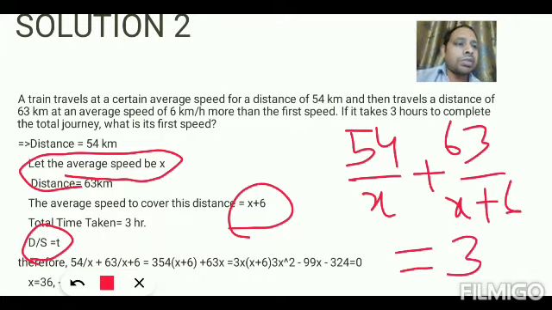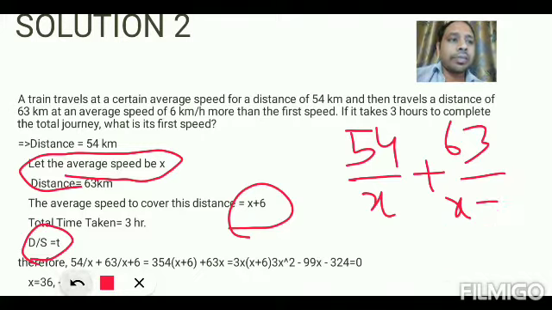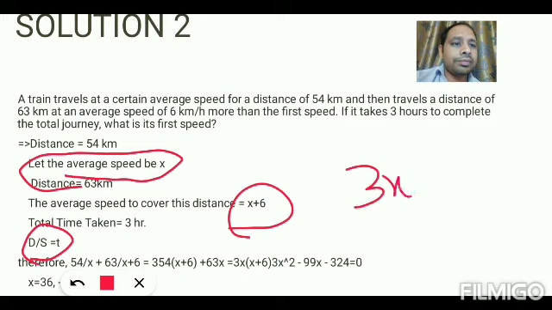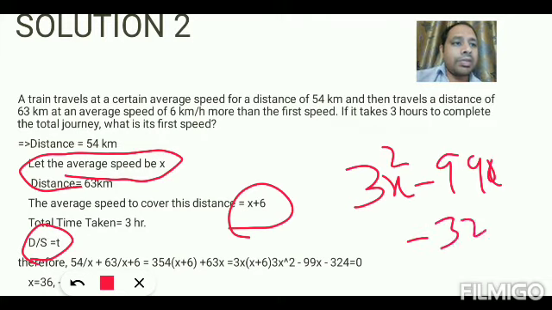And if you solve this one, you will get an equation as 3x square minus 99x minus 324 equals 0.